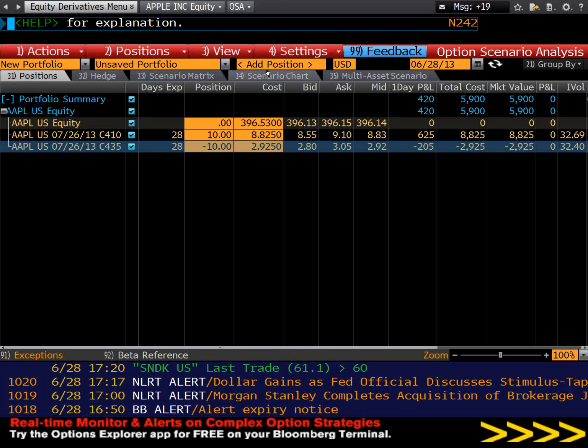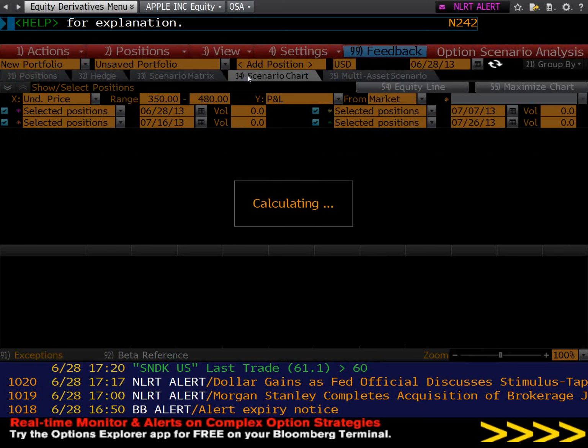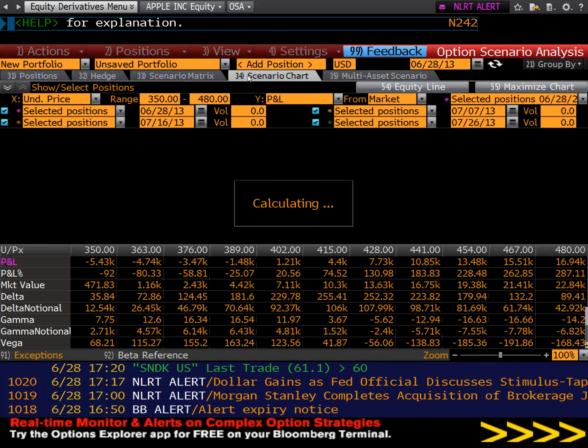Now, we can see how this position will behave as we get closer and closer to the earnings, and then as we get closer and closer to expiration. And this is going to be a chart.